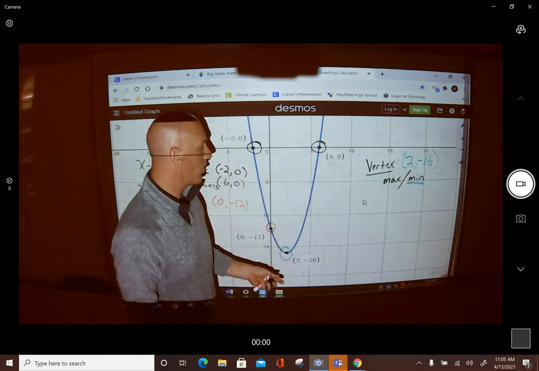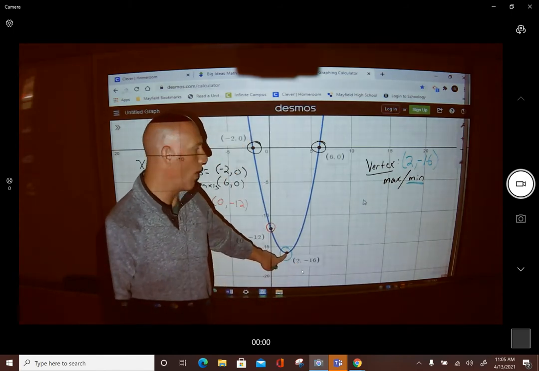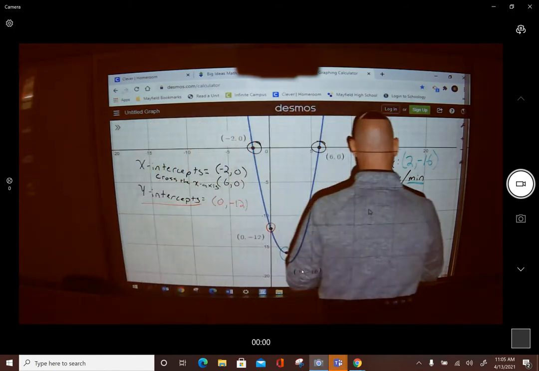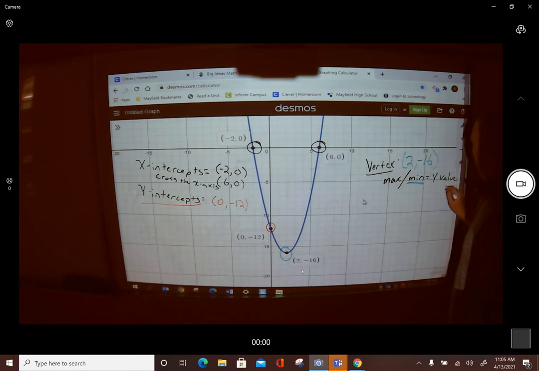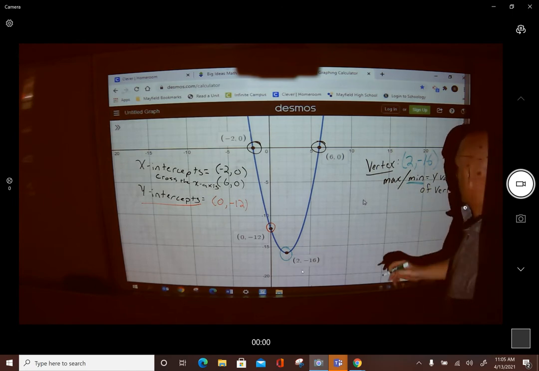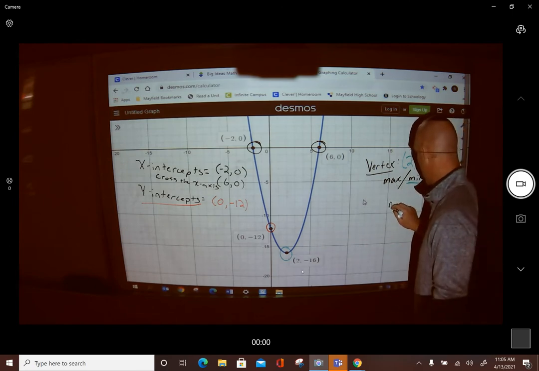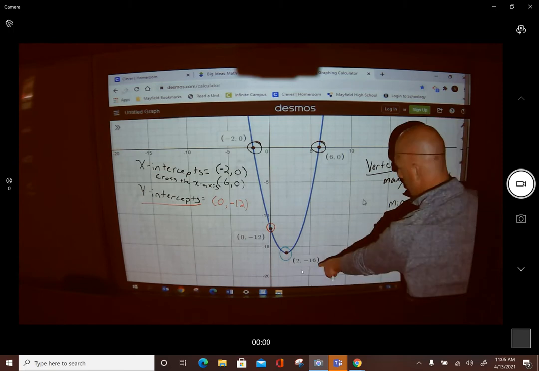If they ask for the minimum, you give me the Y value. So make sure that's clear. Min and max will be the Y value of the vertex. So if I was going to answer this, they say, what's the minimum? I would just say the minimum equals -16.